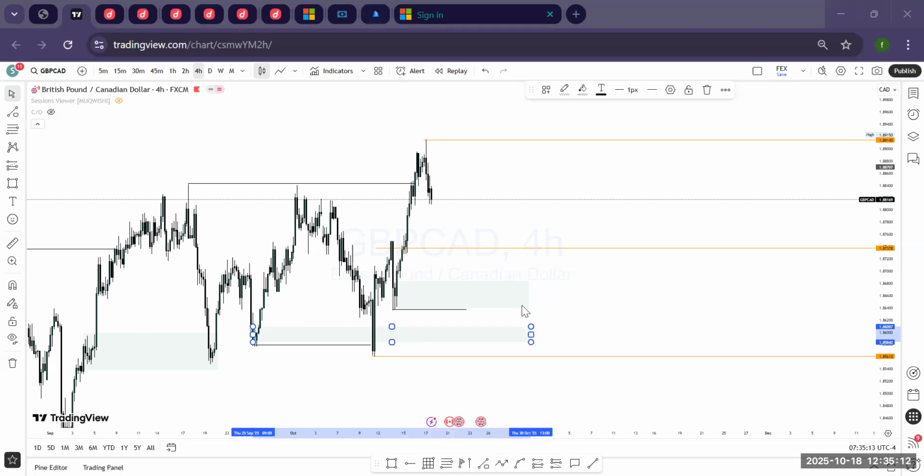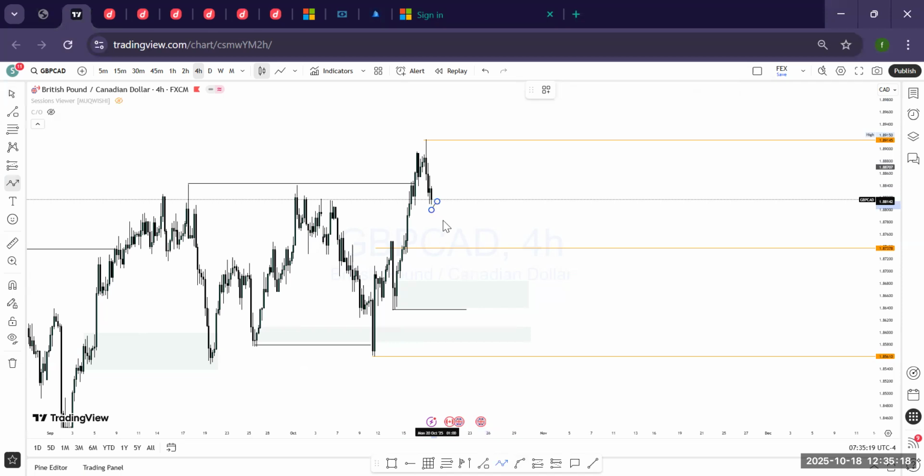So now, we do not expect price to come down, right? On a lower time frame, this is what you'll be expecting: price will be printing higher high, lower low, higher high, lower low.